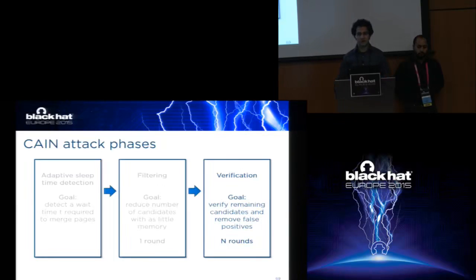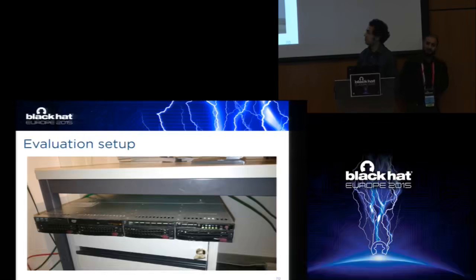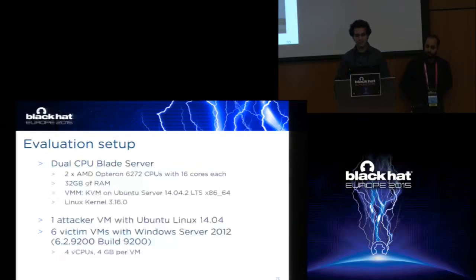So for the evaluation setup, we use a blade server. This is what you can typically find if you go to any data center. You usually find a rack of these servers running your VMs. This server specifically has 2 CPUs and 32 GB of RAM, so very common in cloud data centers today.